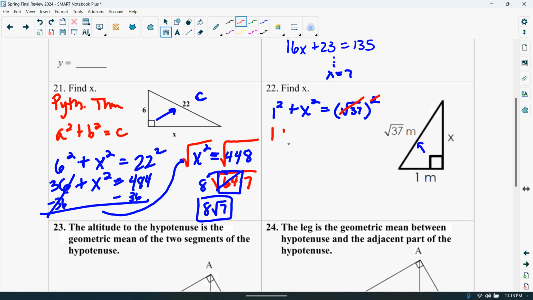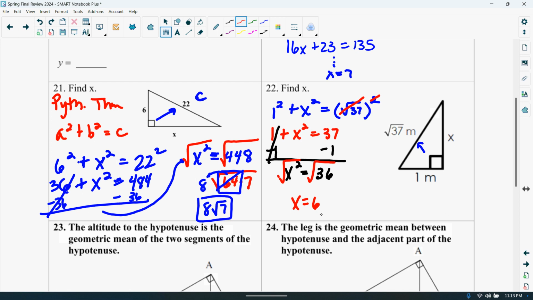So this is 1 plus x squared equals 37. Solving for x, we need to get the x squared by itself. So x squared equals 36, and then we take the square root of that, so our x is 6.